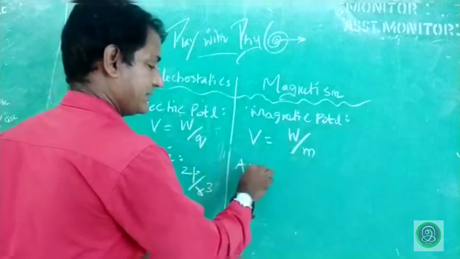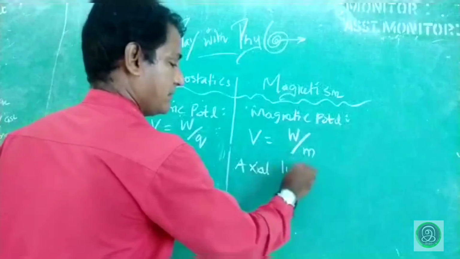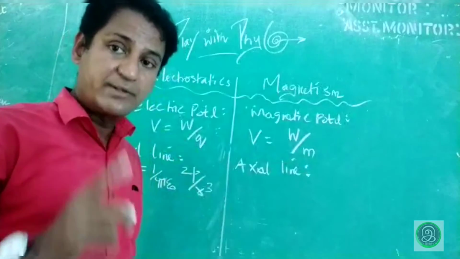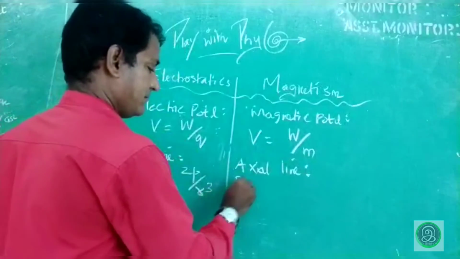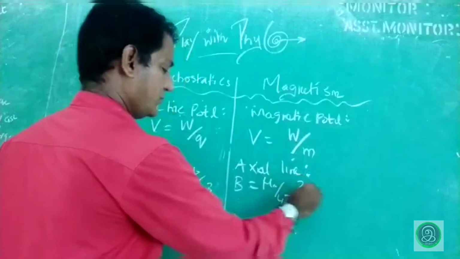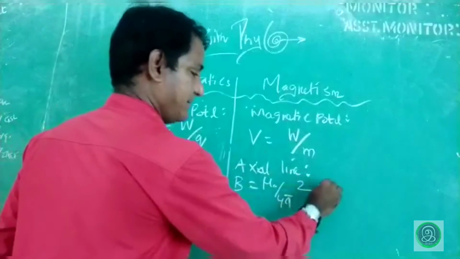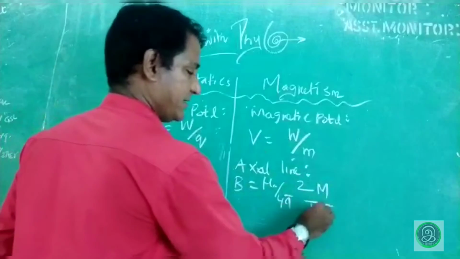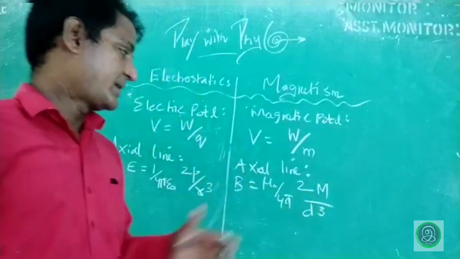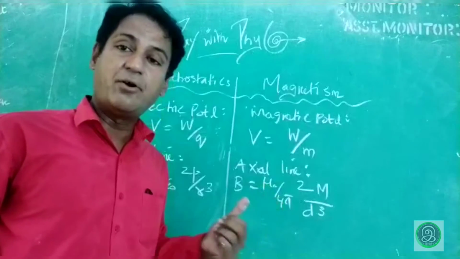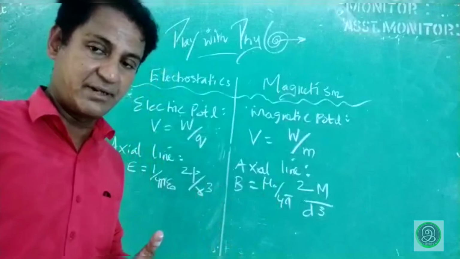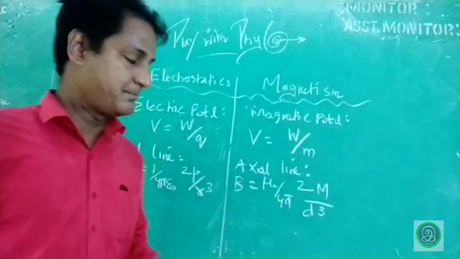Here axial line, that is magnetic induction due to a bar magnet along the axial line, is 2 in place of small p, capital M, in place of r cube, d cube. So capital M is the magnetic dipole moment. Mu naught is called the permeability of free space, whose value is 4 pi into 10 to the power of minus 7 Henry per meter as a unit.